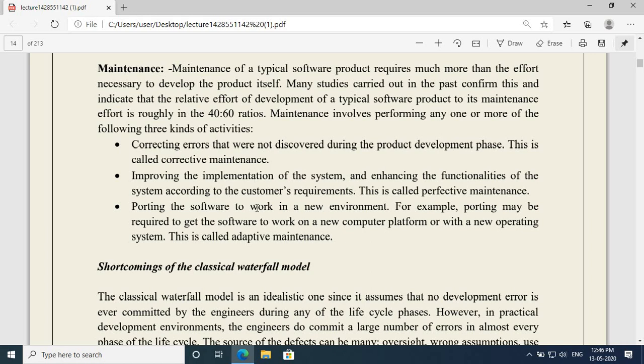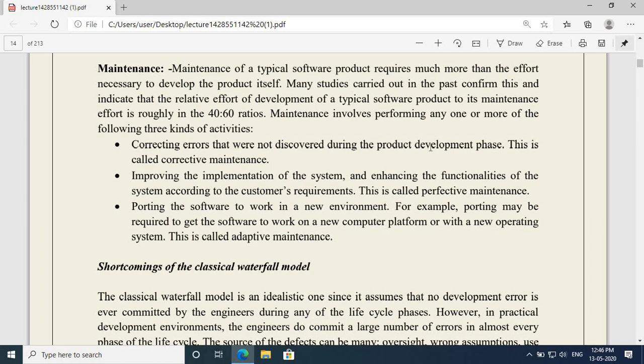Let us consider I develop a software now. After 2 years, the software requires some maintenance, which means it requires some type of advancement. This is known as maintenance: correcting errors that were not discovered during the product development phase.